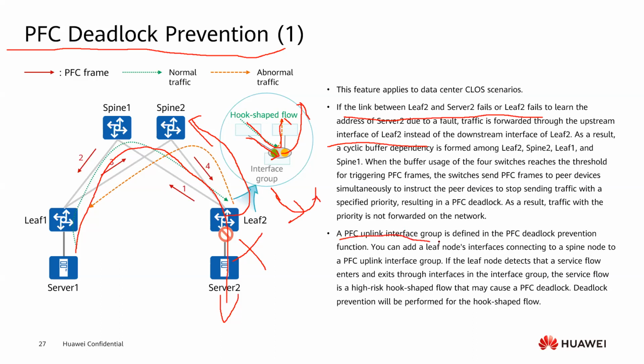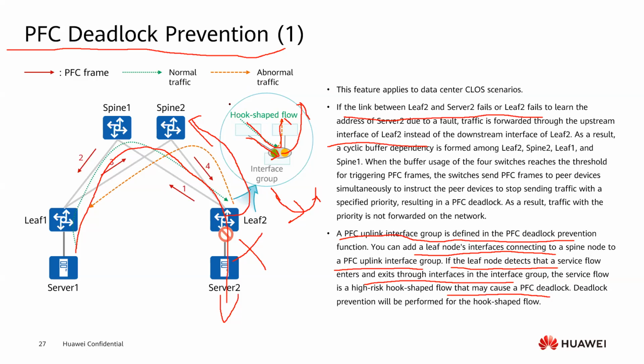A PFC uplink interface group is defined in the PFC deadlock prevention function. You can add a leaf node interface connecting to a spine node to a PFC uplink interface group. The leaf node detects that a service flow enters and exits through interfaces in the interface group. The service flow is a high-risk hook shift flow and may cause a PFC deadlock.